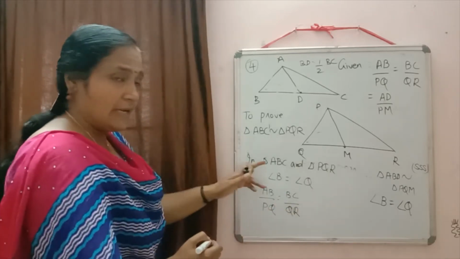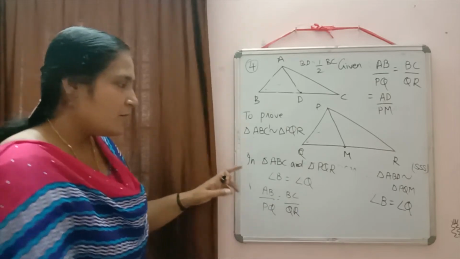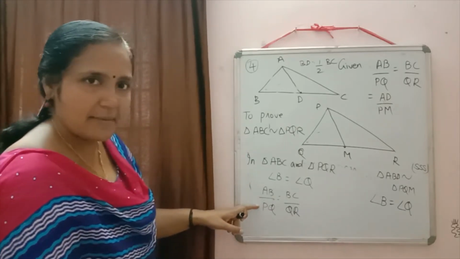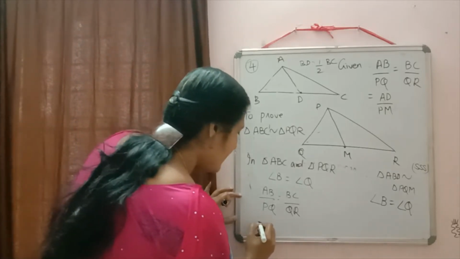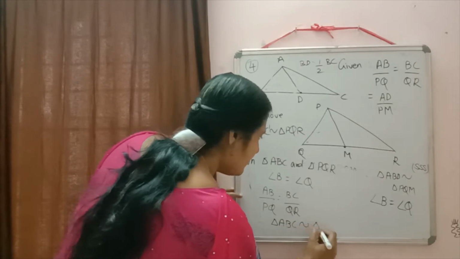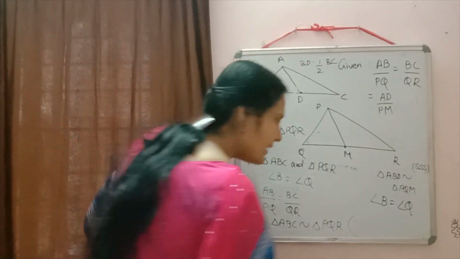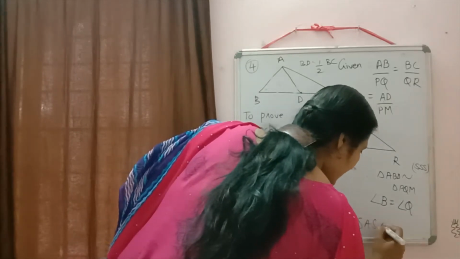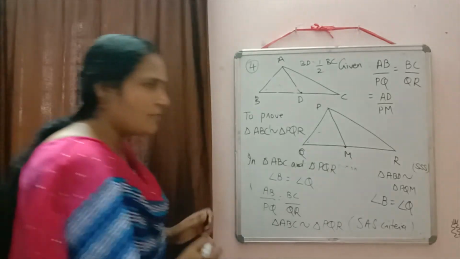This is all we need for the proof, so that's why I wrote this ratio only. We proved the sides are in the same ratio as given and we proved the angle is equal. Therefore, triangle ABC is similar to triangle PQR. Which criteria? SAS criteria.